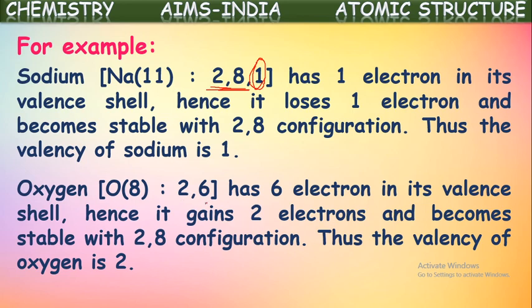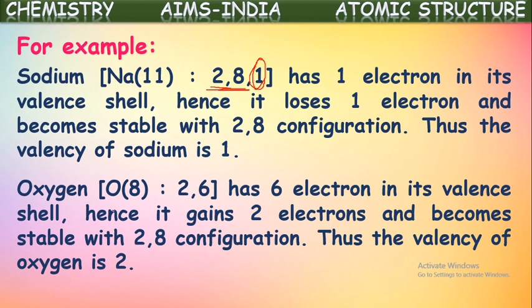Here, one point is very clear: valency and valence electrons are different. For metals generally, valency and valence electrons will be the same. For sodium, the valency is 1, and the number of valence electrons is also 1. But for non-metals generally, valency and valence electrons will be different.